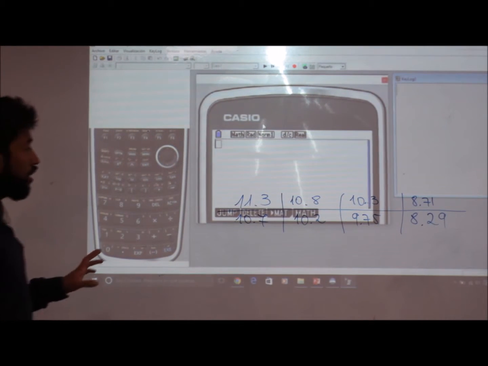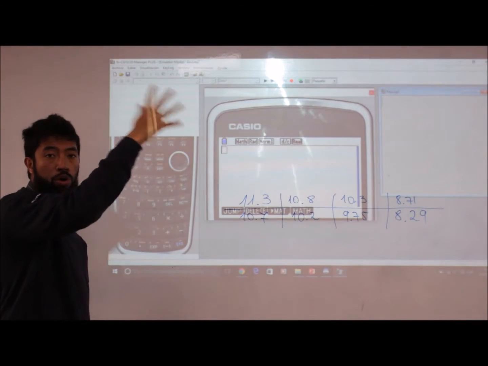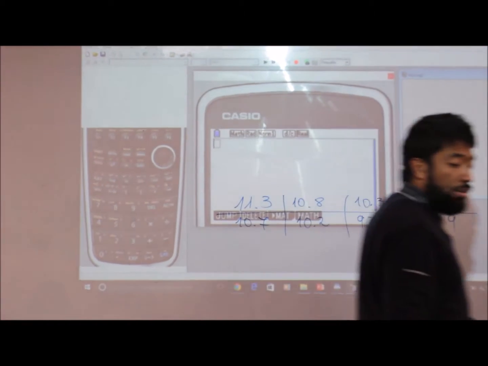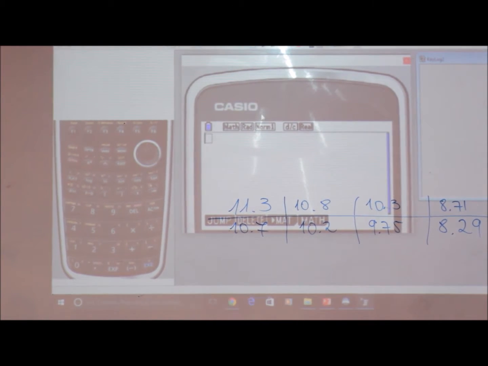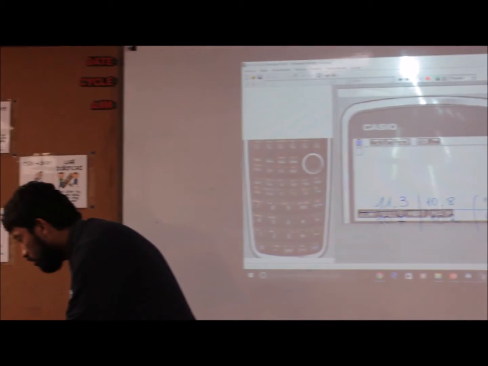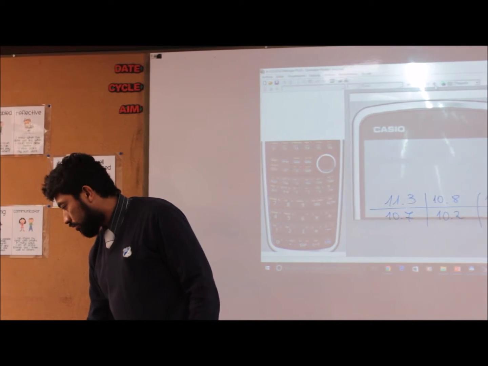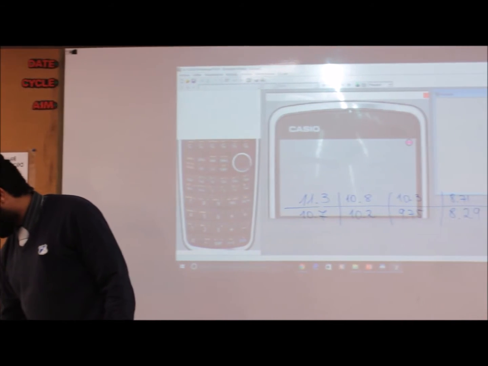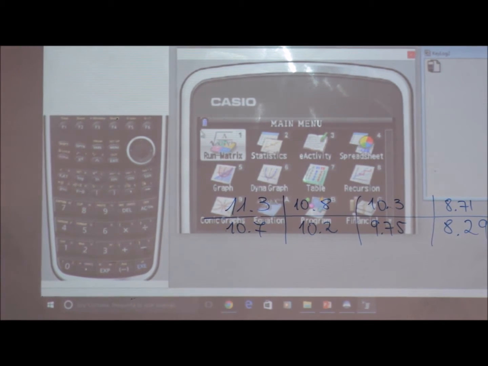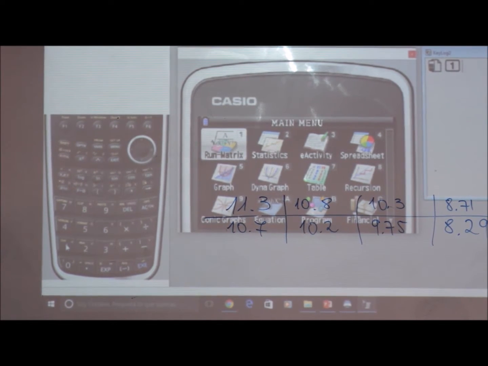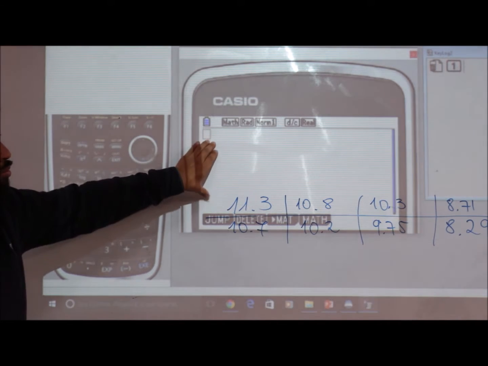There's a menu in your calculator, as usual, and you choose the first one. That is the run mode of the calculator. We're going to record the sequences of keys that we're going to use. First step: in the main menu, choose the first option, which takes you into the run mode.